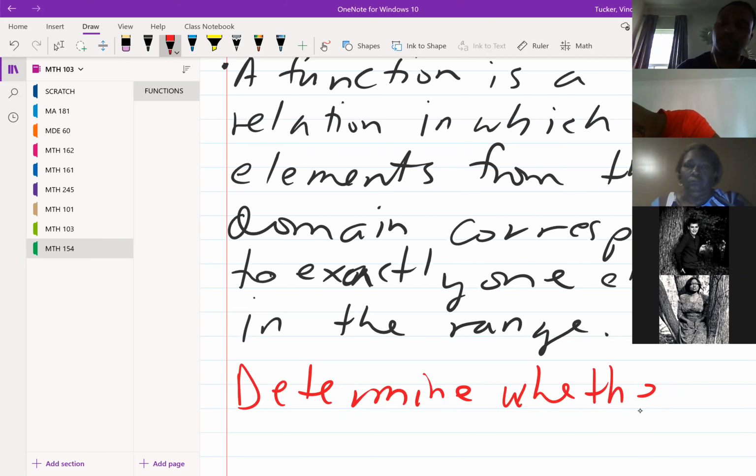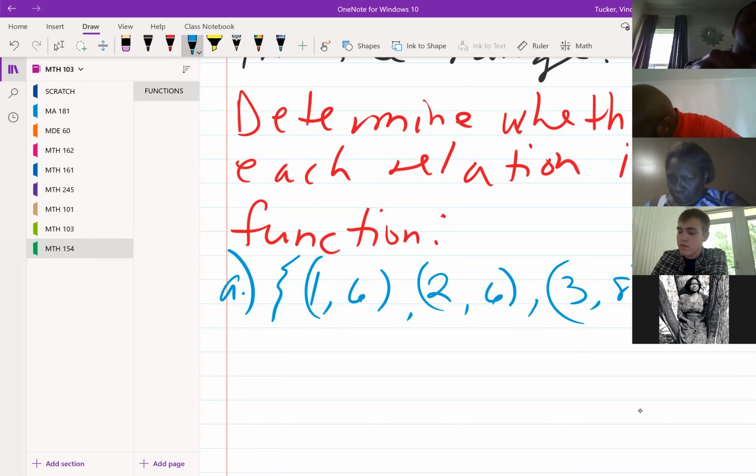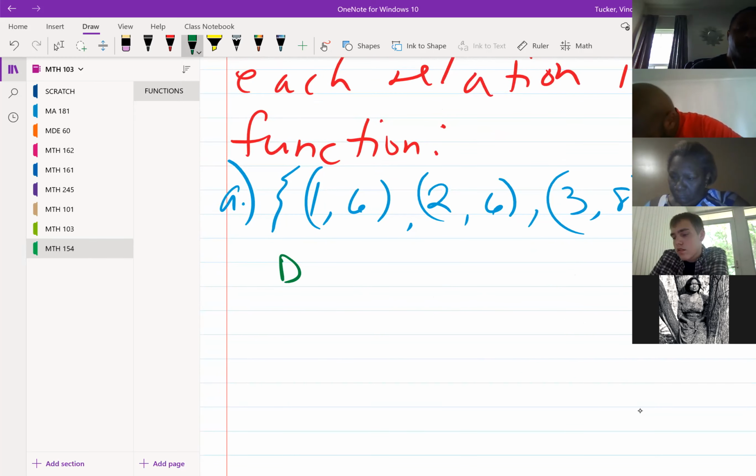So in the first one, they give us 1, 6, 2, 6, 3, 8, 4, 9. So what we could do is create a mapping.